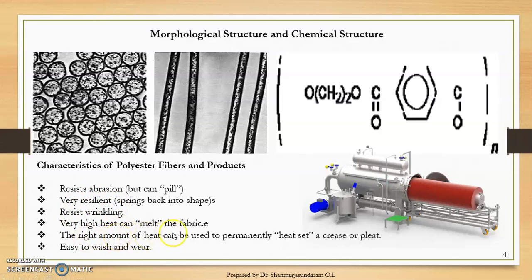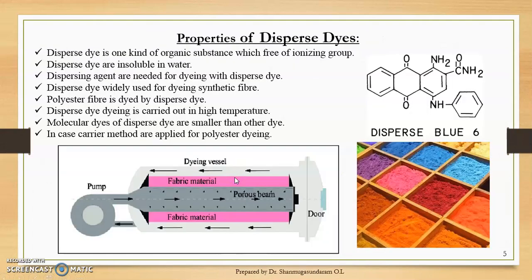The right amount of heat can be used to permanently set the fabric, a process called heat setting. It is also easy to wash and wear. So these are all the characteristics of the polyester fiber and products.